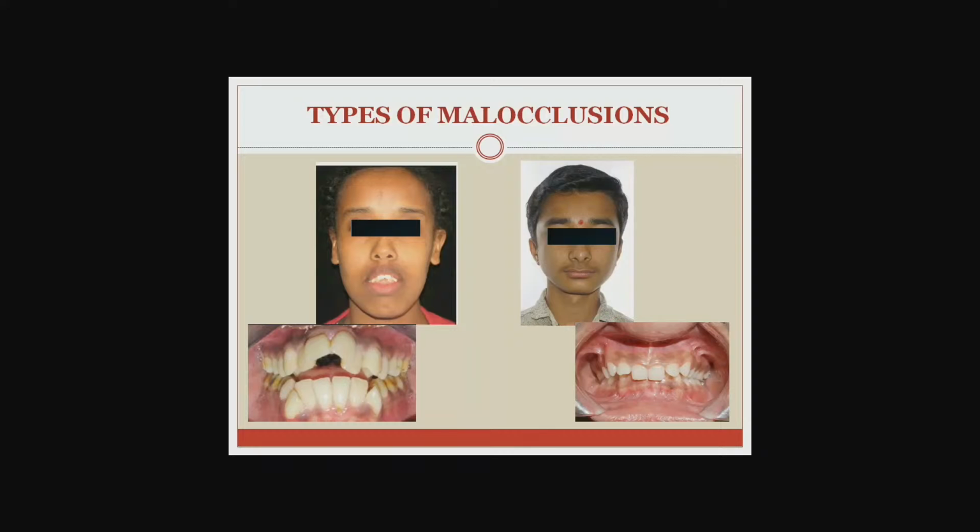Vice versa, in short face syndrome, the facial height is too small, and when we ask the patient to bite and check, you can't see the lower teeth. We call this a close bite, or a deep bite. So, we are the ones who diagnose it properly.